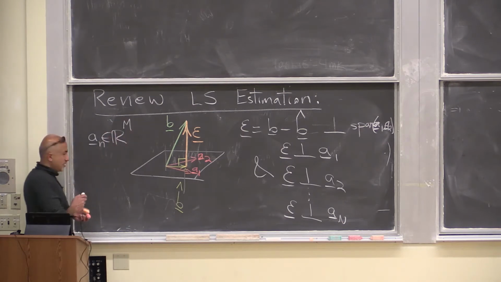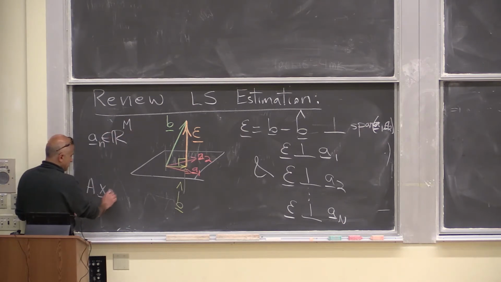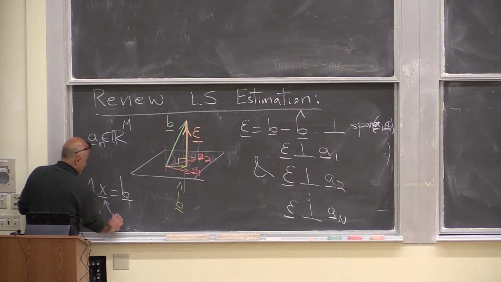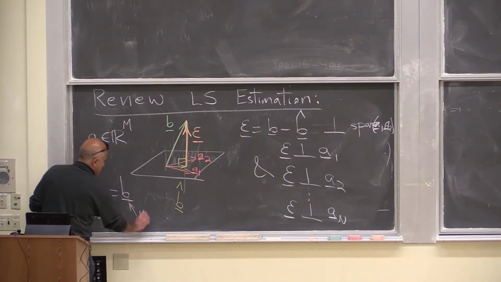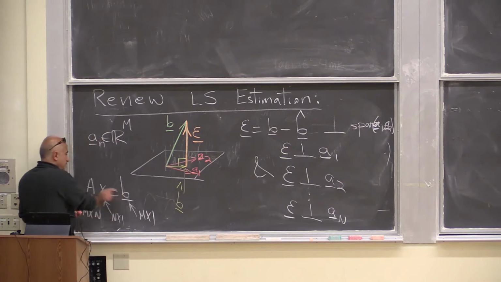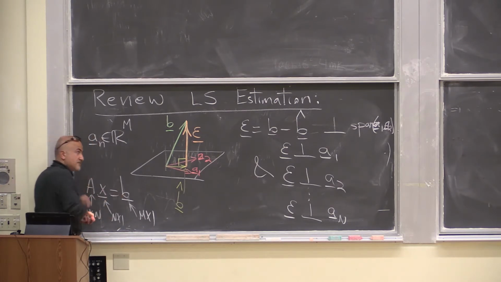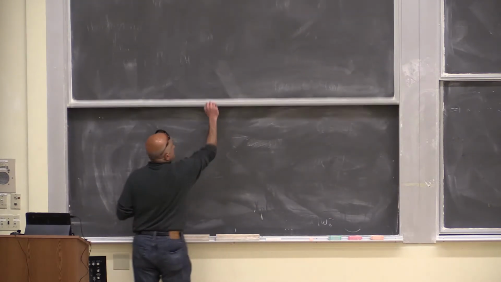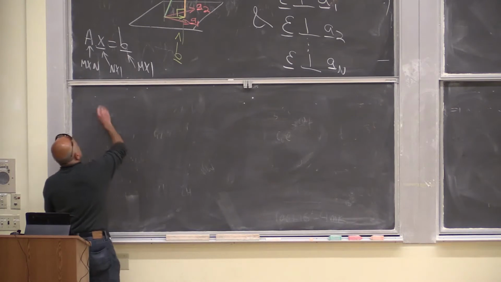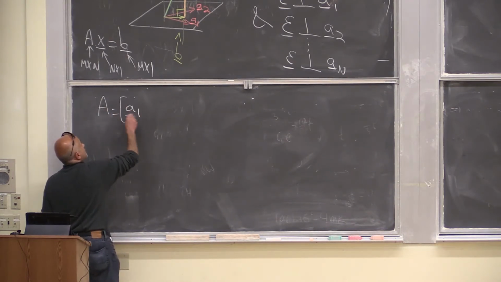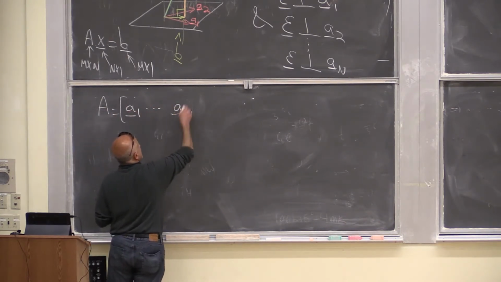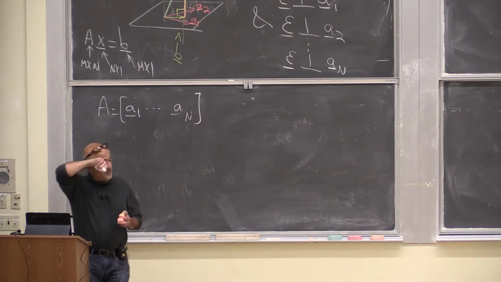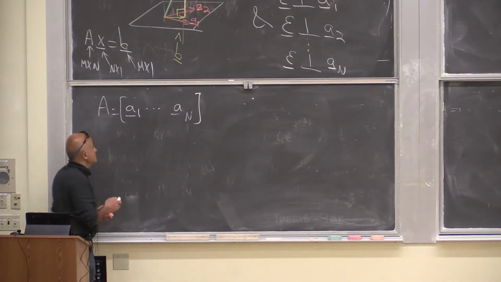Here, each of the A vectors is in Rm. So I'm looking at solving the system of equations Ax equals b. A is m by n, x is n by 1, and b is m by 1. Because b doesn't sit in the column space of A, remember A is the matrix formed by putting all these columns together next to each other.